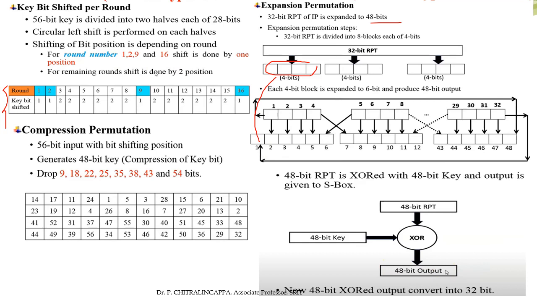So you keep 1 as 2, 2 as 3, 3 as 4 and 4 as 3. The last bit we swap with the last bit of the neighboring block, so this bit is swapped to the other block. Then we get the 48-bit right plain text. Then you apply the XOR operation with the 48-bit key. The output goes to the S-box substitution.